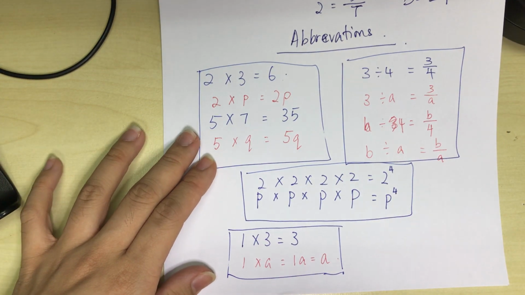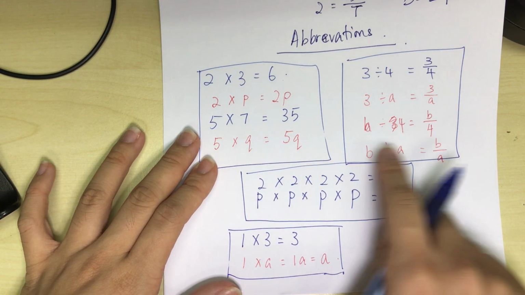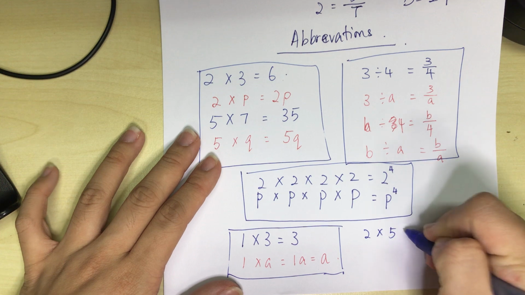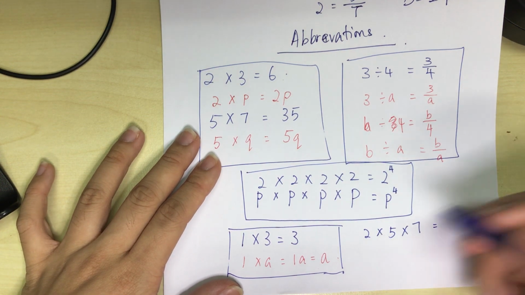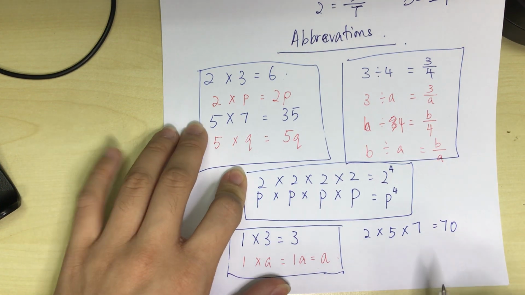Okay, then what about the last one? Last one is to talk about, for example, 2 terms. What if we have 2 times 5 times 7? In maths, we will just work it out as 70, in number form.